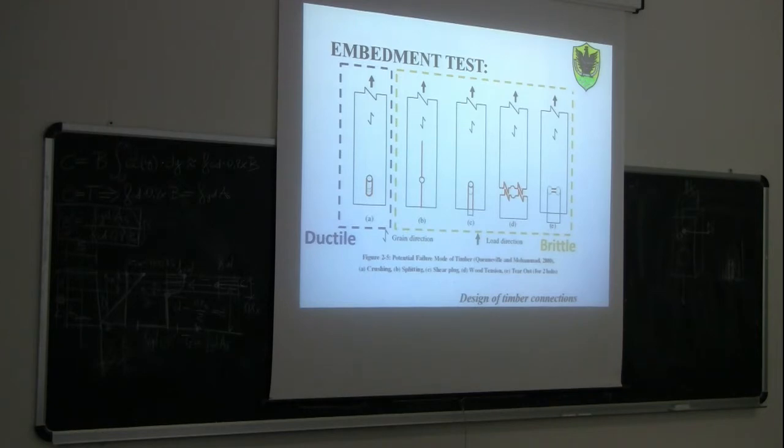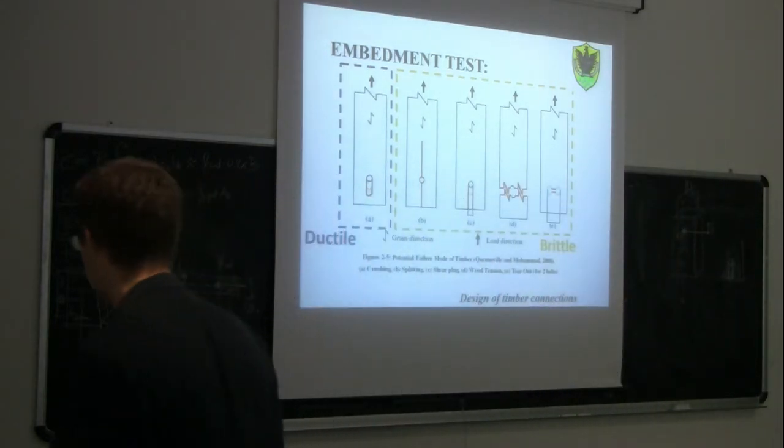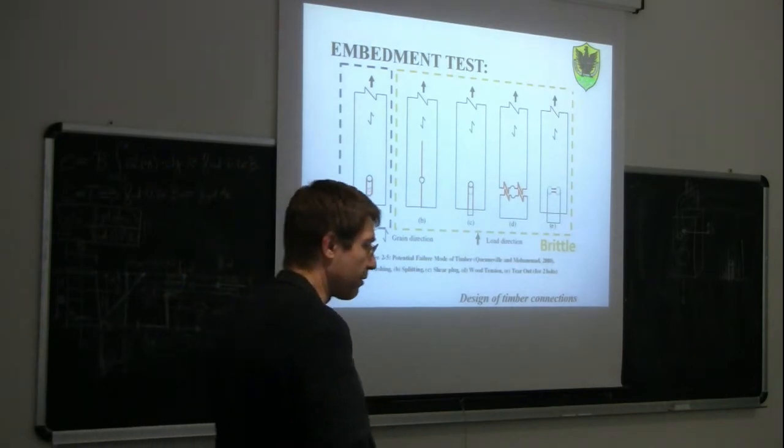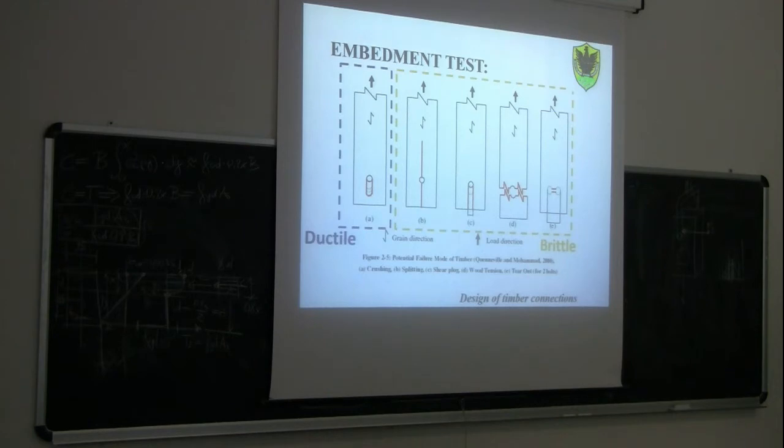So this means that if you want to use the lower bound theorem, so if you want to predict the failure load with some equation derived just based on equilibrium, and you want this solution to be a lower bound of the actual failure load, we need to make sure that the failure will occur in this way.